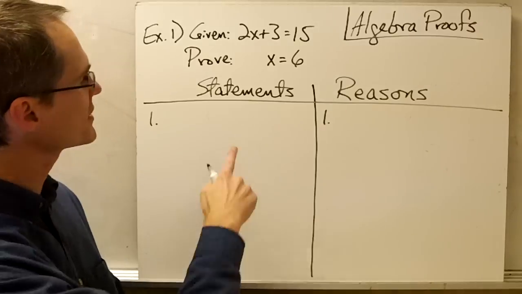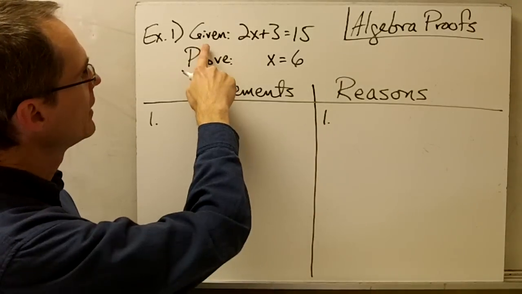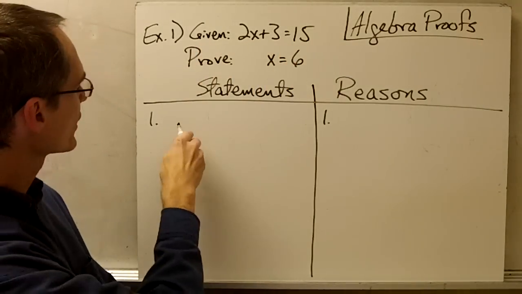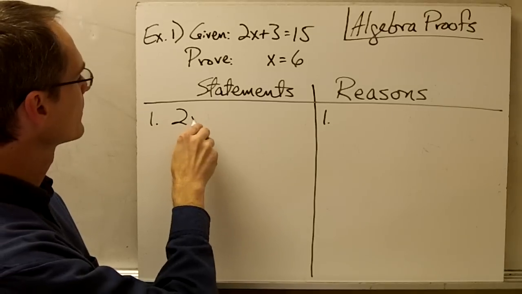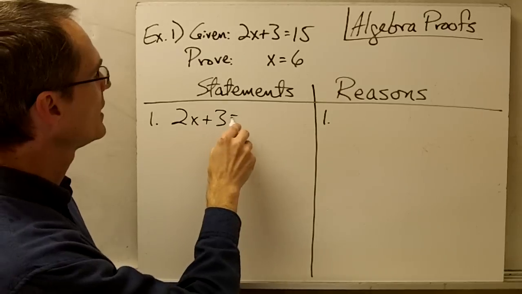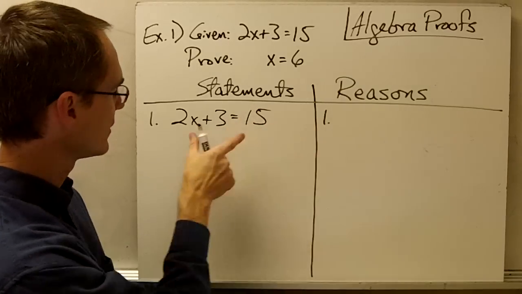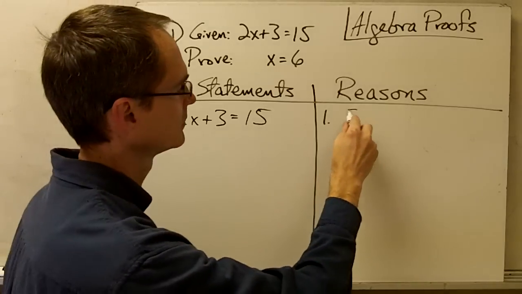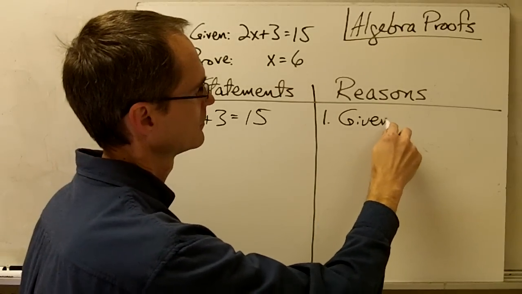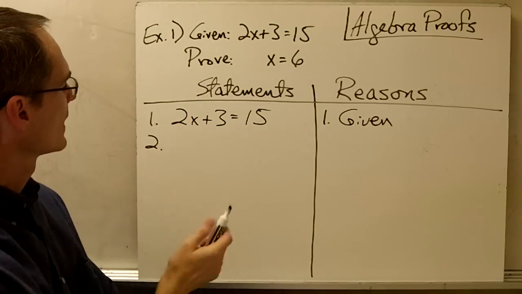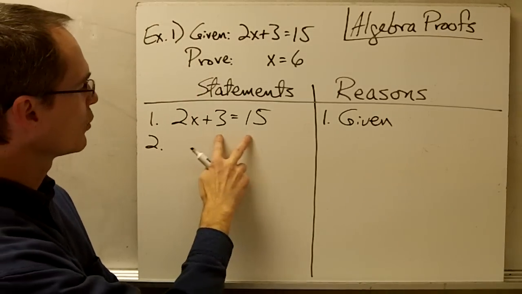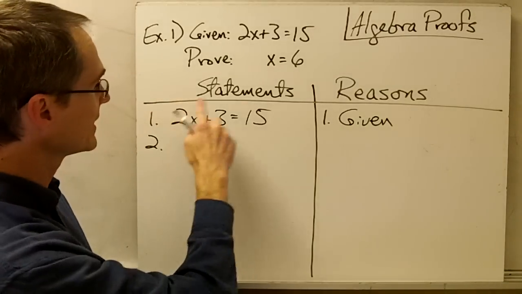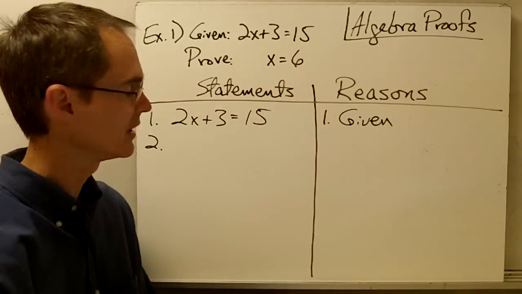So let's see what this two-column proof would look like. We're given this statement, 2x plus 3 equals 15. So we're going to start with what we're given, 2x plus 3 equals 15. And the reason that we can write down this statement is because it's given. Our next statement, we're going to ask ourselves, what would be the first step we would take in solving this equation and getting down to our x equals line?